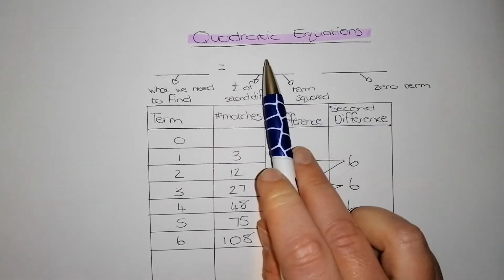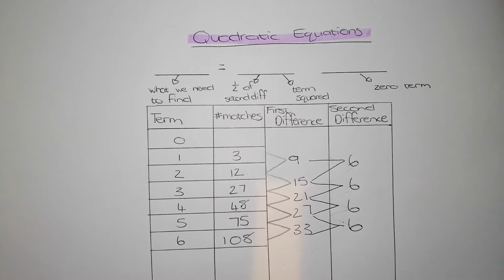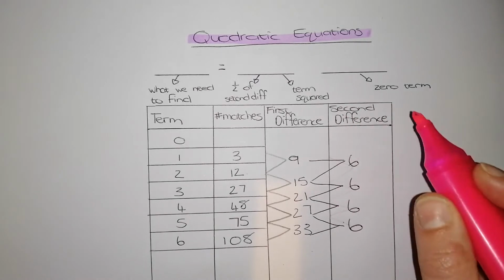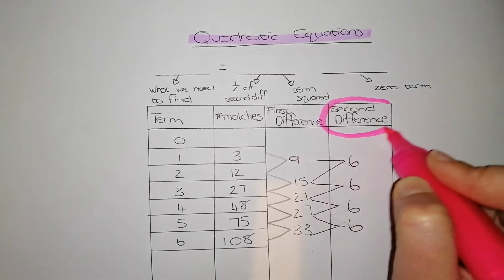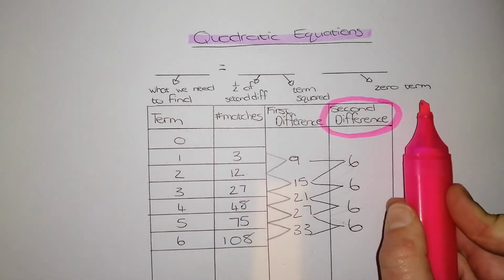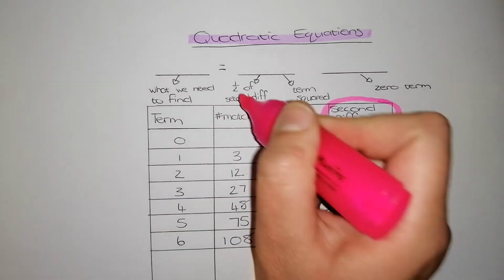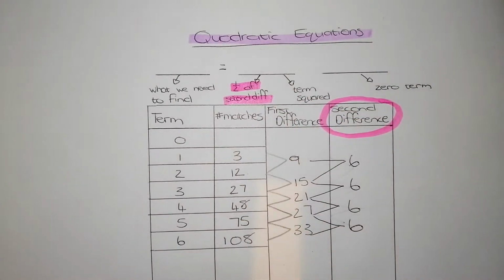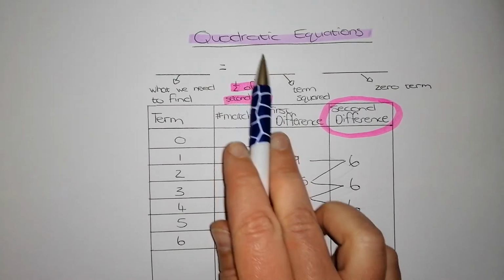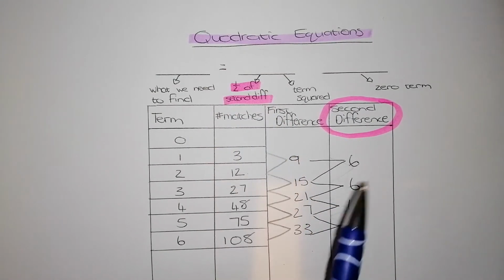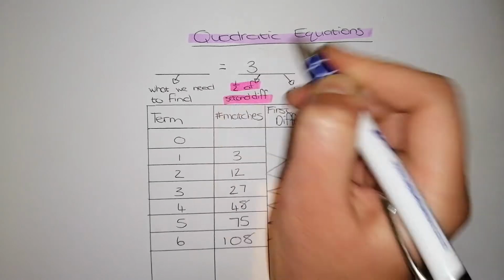Now we go to the actual rule. We have worked out the second difference already. In this equation, half of the second difference is the first part of this term. So half of 6 is 3.